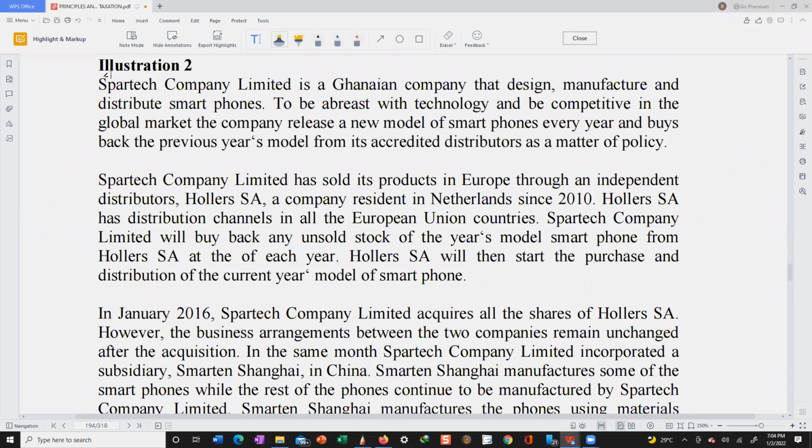It says that Spart Company Limited. Here we are going to identify controlled and uncontrolled relationships. So Spart Company Limited is a Ghanaian company that designs, manufactures and distributes smartphones.